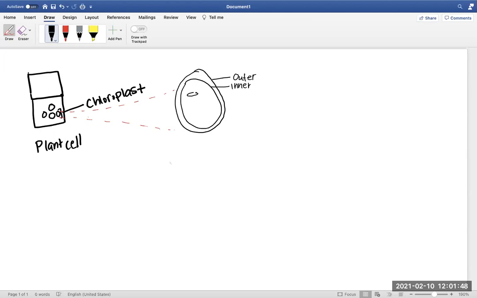And then inside, you're gonna see these stacks. What do you call these as a whole? Granum. If you're talking about all of them, it's called grana.